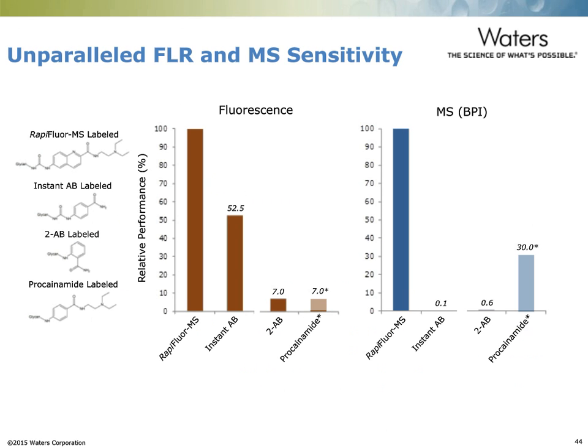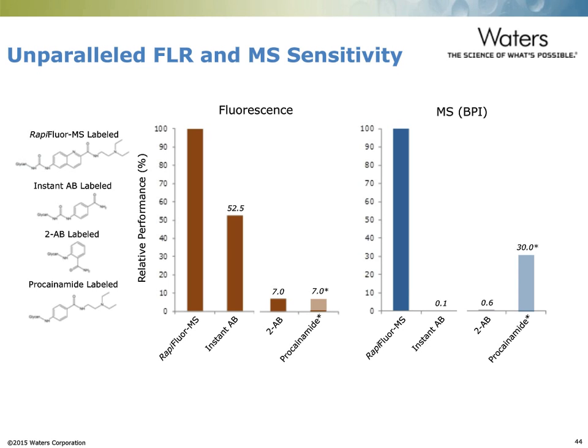If we look at the application of the RapiFluor-MS labeled glycans and look at the relative responses in both fluorescence and MS compared to some conventional labels, we can see on the left and the right-hand side of the slide a comparison in both the fluorescence as well as the MS, looking at the average base peak intensity for the species across the separation.